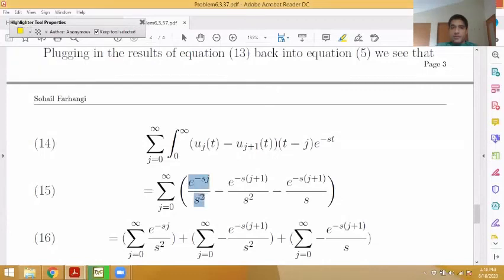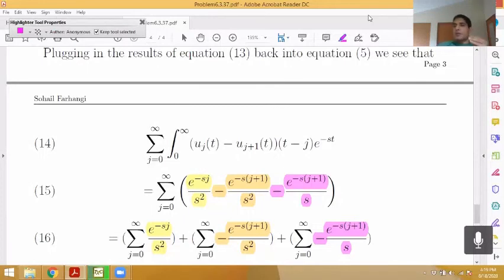So I'm going to take this first piece and move that into one summation, and then I'm going to take the second piece and put that in a different summation, and take the third piece and put that in a third summation. Now, technically, again, if you take real analysis, you'll see that it's not always obvious that you can do this.